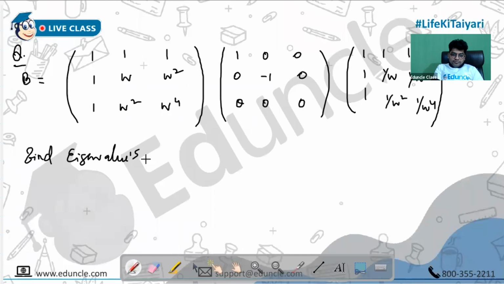Find the eigenvalues of B. First question, this is B, can you find out what is the eigenvalue of B? There are two techniques. One is a short trick, one is a long trick. The long trick I am just explaining.